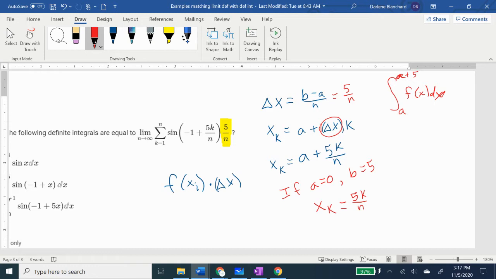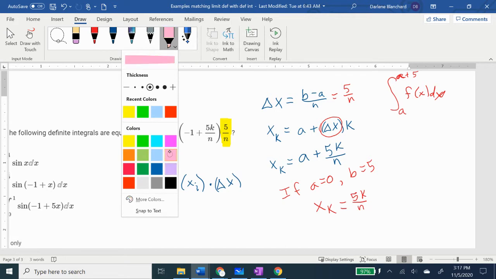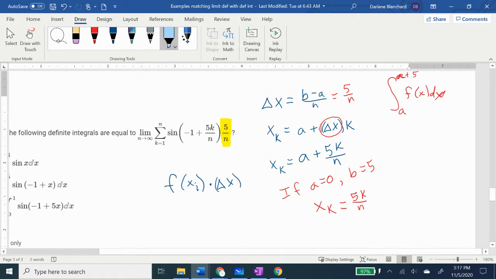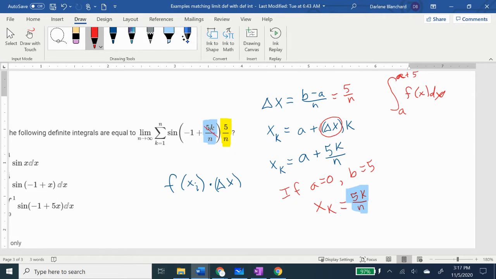So setting aside the 5 over n that's already highlighted, I'm now going to look at the rest of this, and I'm looking specifically for every time 5k over n shows up, and that would be right here. If I replace that 5k over n with an x, then what is there that is not the delta x is the function.